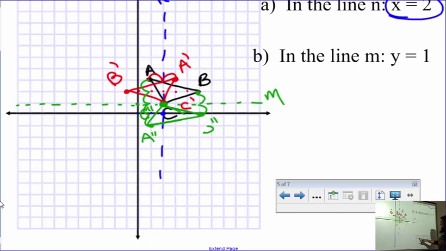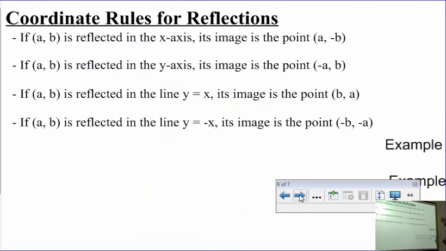All right. Now, these are a set of coordinate rules, and we don't have the first 2 memorized per se. These second ones where the line is y equals x and y equals negative x, hopefully you can remember y equals x is the line that goes through the origin with a slope of 1, so that would be that line.